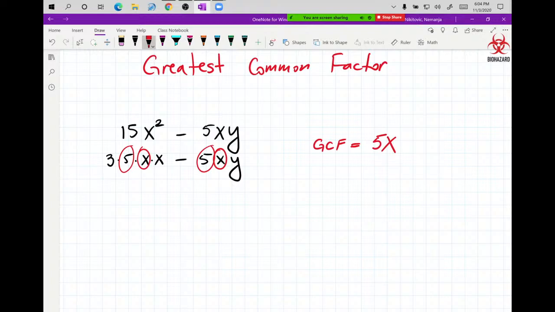Technically, what you have done here is you eliminated those out of those terms, and you now have a 3x minus y, which is what I call a leftover. Think about a Thanksgiving dinner and you just have leftovers, and then you make sandwiches for the next 3 years with the leftovers.